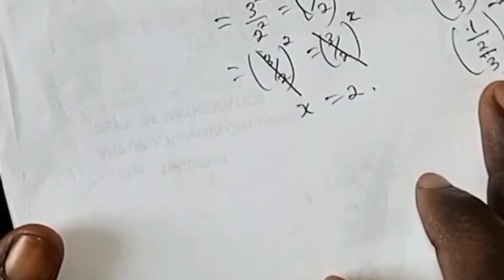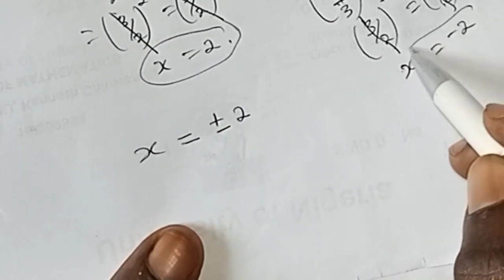So with all these solvings, we can see that our x is actually equal to plus or minus 2. The first one was positive, and the second one here is negative.